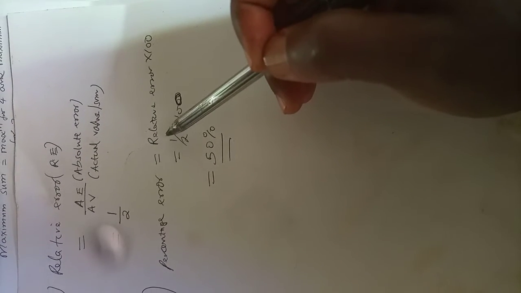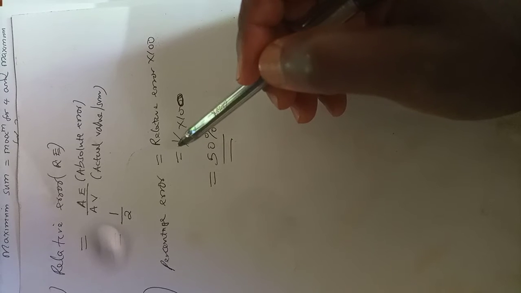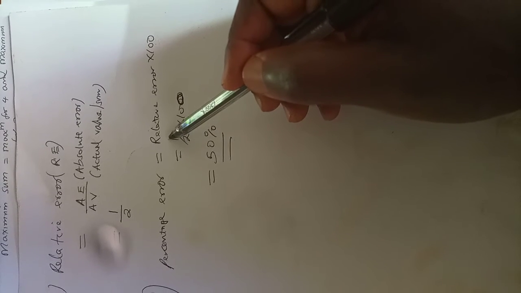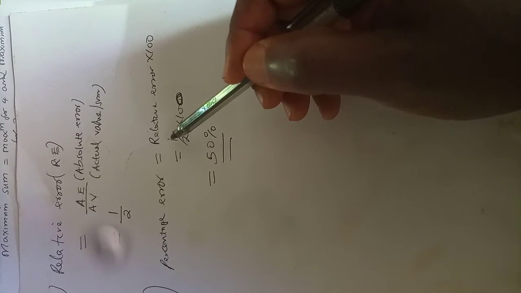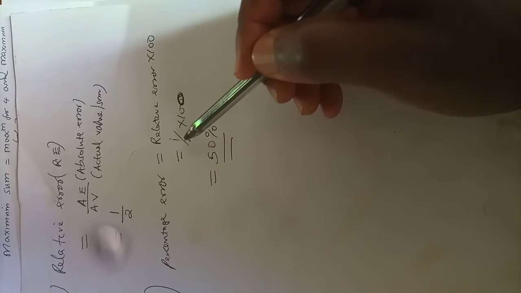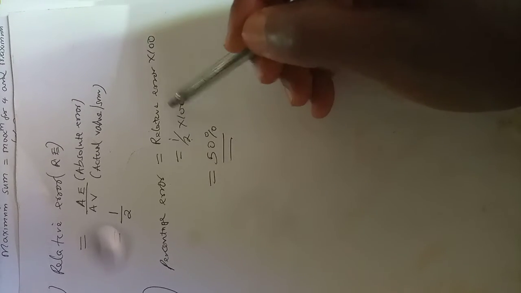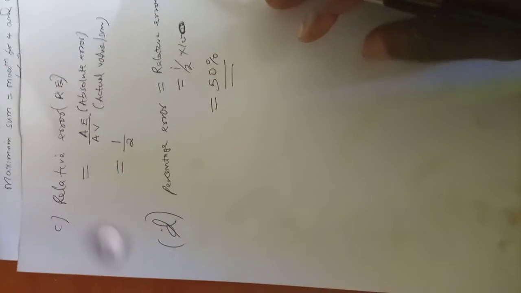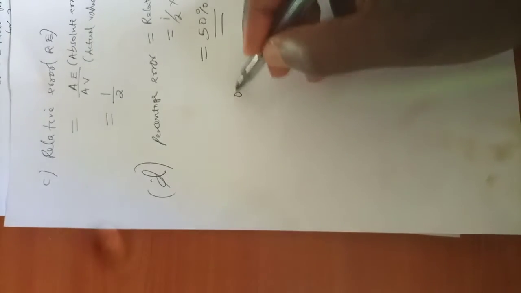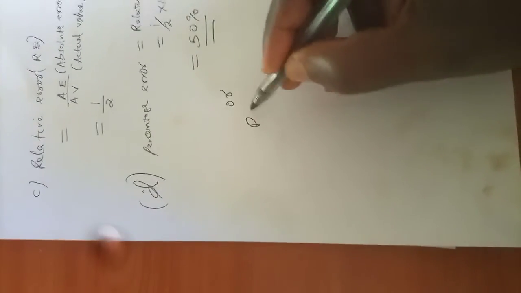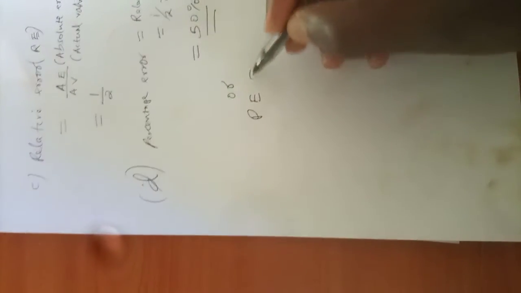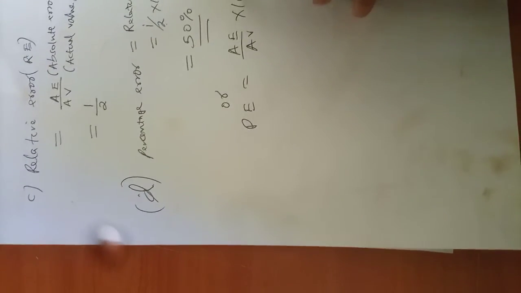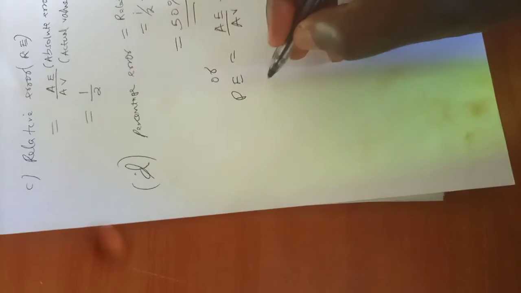The relative error is absolute error over actual value, 1 over 2. So simply it's the relative error times 100, which is 50%. Let us go to more examples.